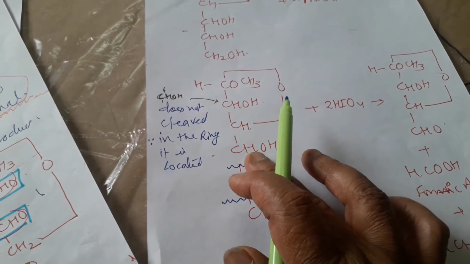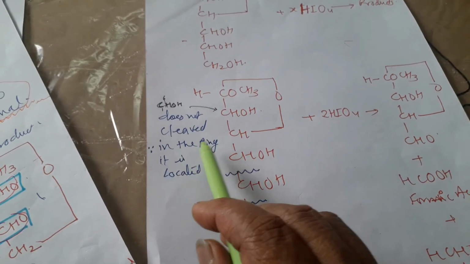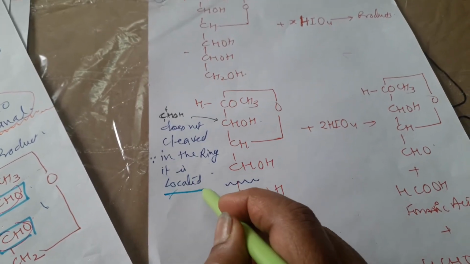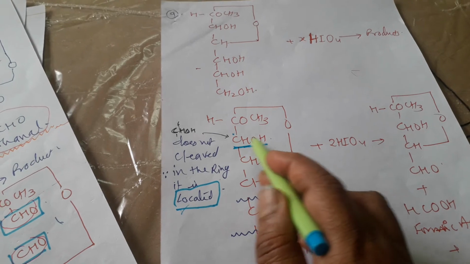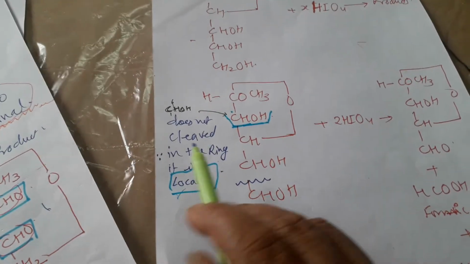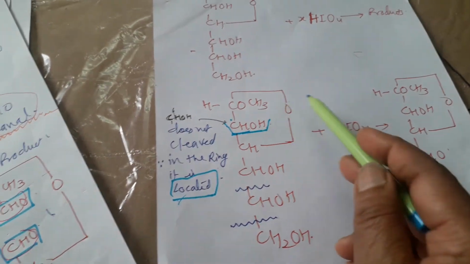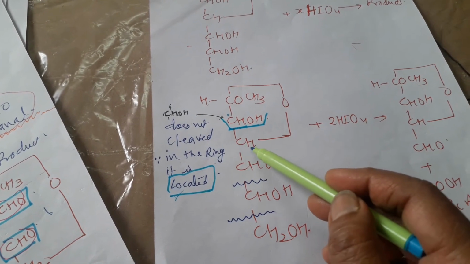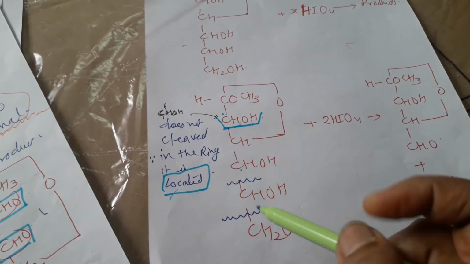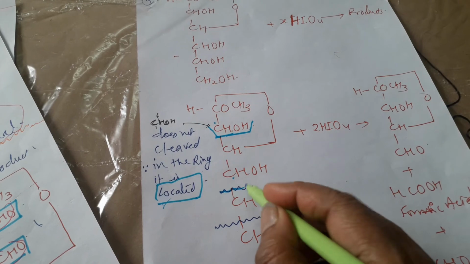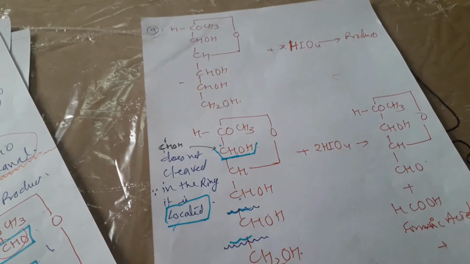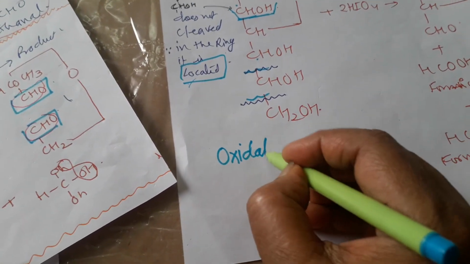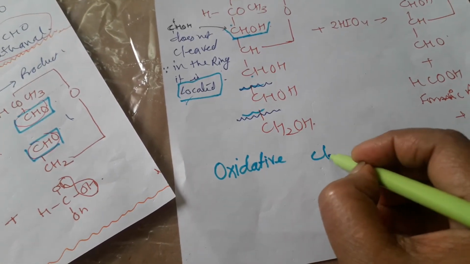Since the CHOH is located in the ring, it will not be oxidized. Clear? Because above is an acetal and there is CH in between the CHOH groups. So only 2 moles of HIO4 are required for oxidative cleavage of this compound. Oxidative, I am writing here.